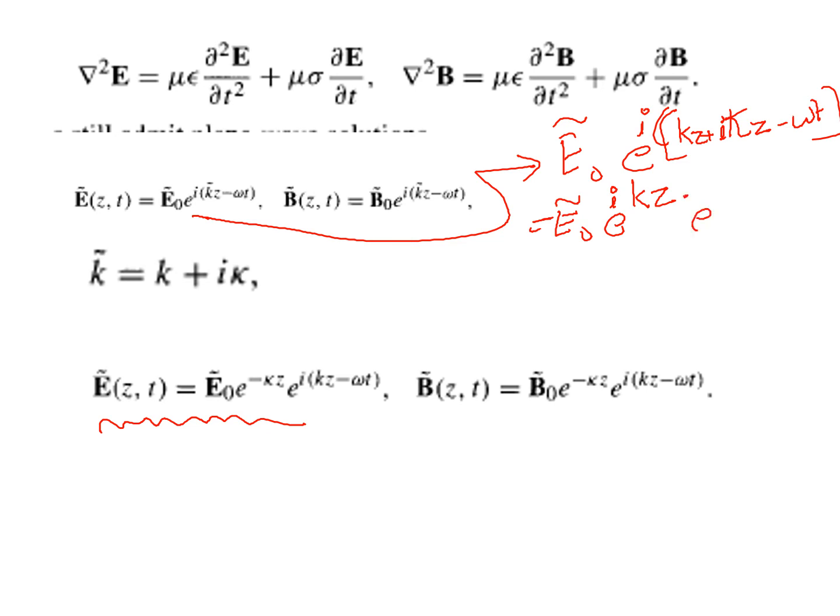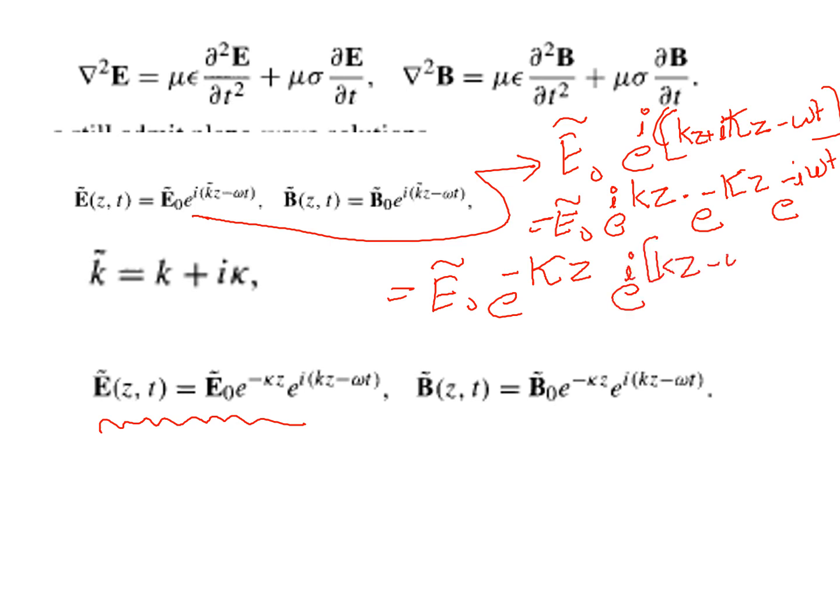Then e to the power i times i becomes minus kappa z, then e to the power minus i omega t. I can write this as E0 complex exponential minus kappa z times, again, exponential i times (k z minus omega t).